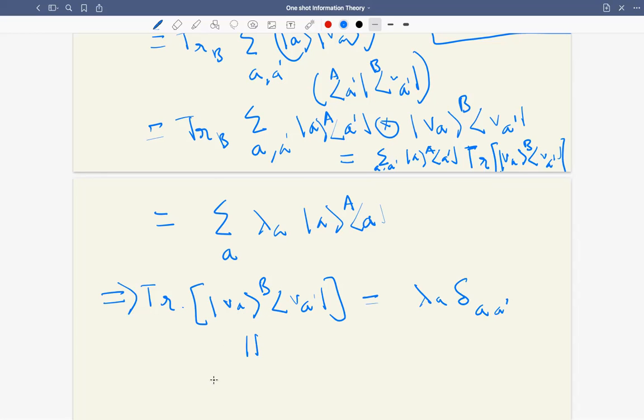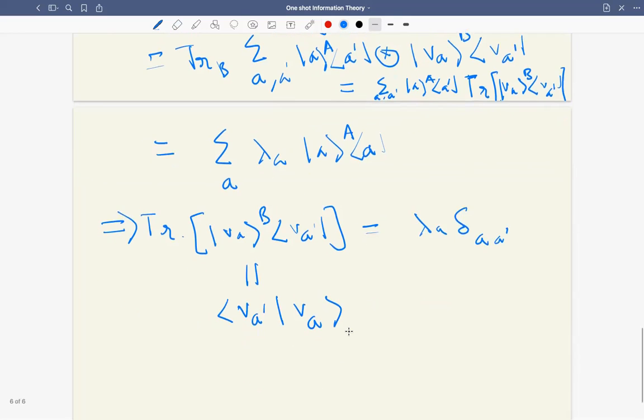It's a trace of ket-bra, which we already saw in the previous lecture. What is it? It is just this: bra VA on the left, ket VA prime on the left, and ket VA on the left. So this is what I've proved.